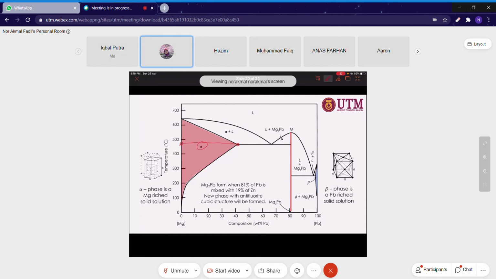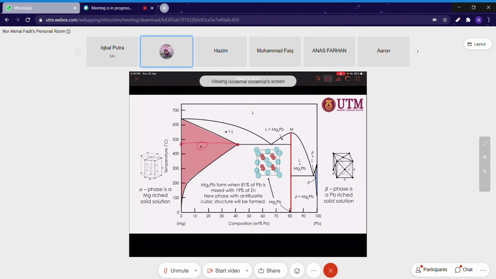But magnesium 2 plumbum forms when 81% plumbum is mixed with 19% magnesium, where you will get exactly magnesium 2 plumbum, the intermetallic. So this is the intermetallic microstructure.